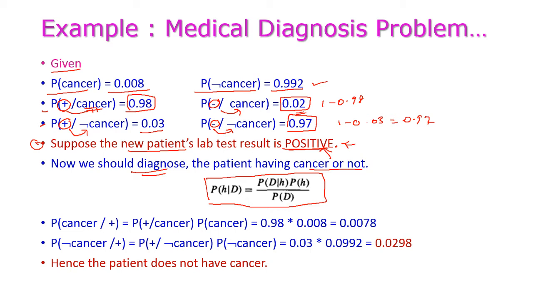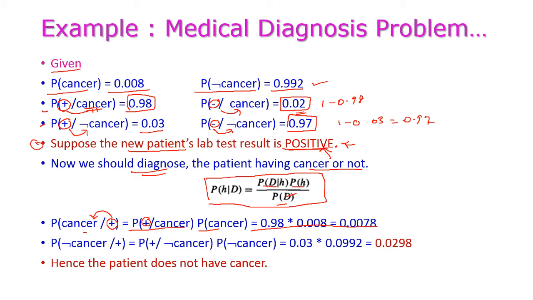We simply substitute the values into the variables. P of cancer given positive, that is, if the lab test is positive, then what is the probability of cancer, that is what we need to identify. Here P of positive given cancer into P of cancer is equal to 0.98 into 0.008, which is equal to 0.0078.